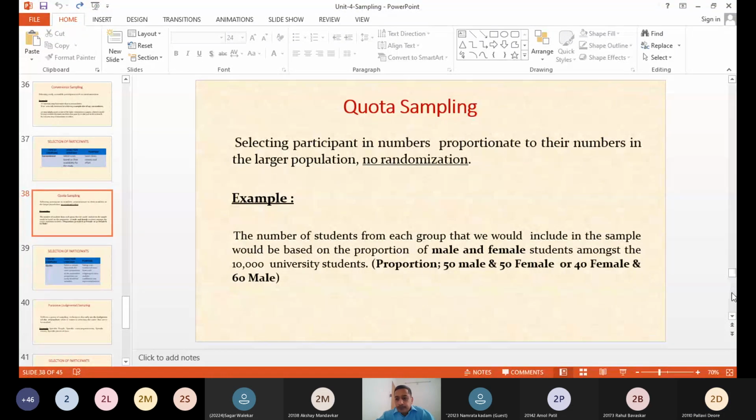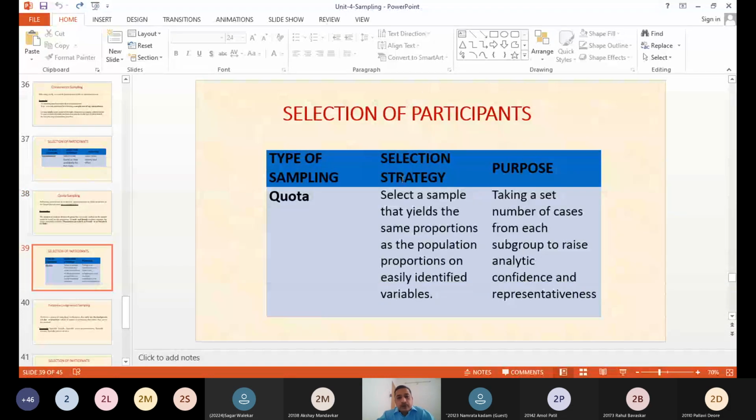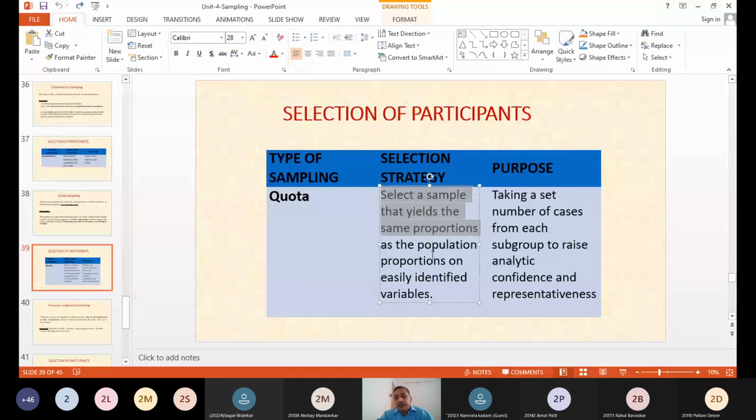So this quota sampling, as we see, the main strategy of sampling the respondents in quota sampling is to select the sample that yields the same proportion as the population proportions on easily identified variables. So gender may be an easily identified variable. Based on gender, we'll see how much proportion is there in the population.